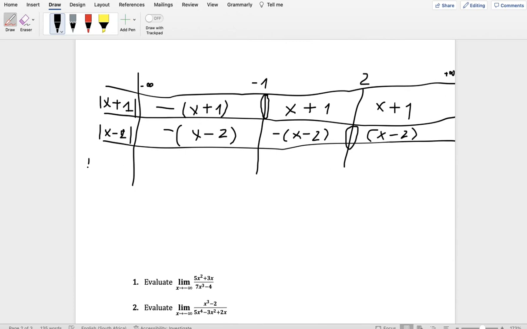Now we have that the absolute value of x plus 1 plus the absolute value of x minus 2 is equal to what? Let's look at the intervals. For the first one, you're just doing minus x plus 1 plus minus x minus 2, and this just gives you minus 2x, and then minus 1 plus 2, which is just plus 1.